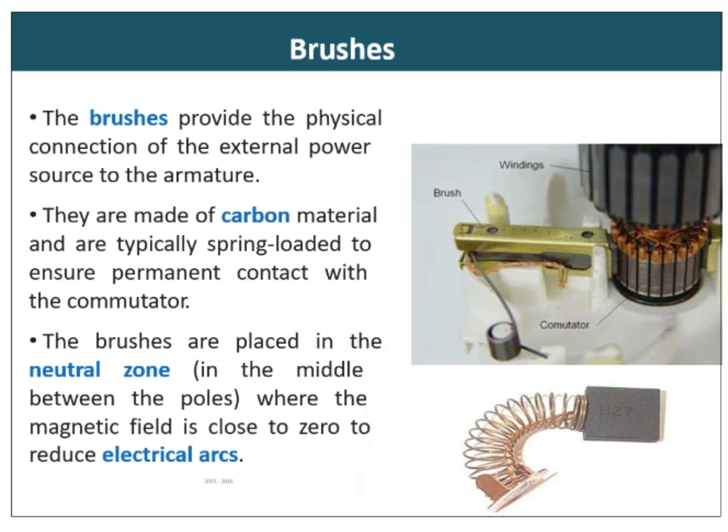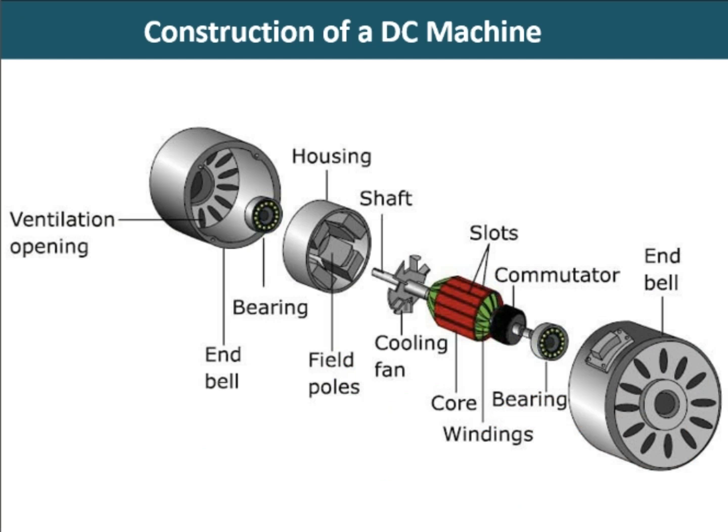If I combine all of them and show you, you will see a diagram like this, where you have the housing or the stator here, and the middle part, which is called the armature or the rotor, and then you have the commutator here. The brushes are not shown here, but brushes will be touching the commutator.